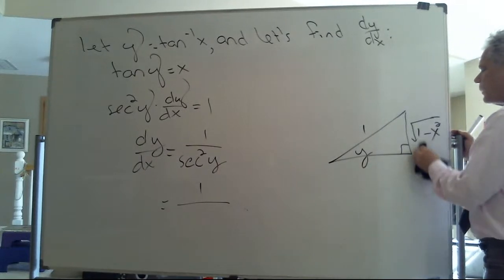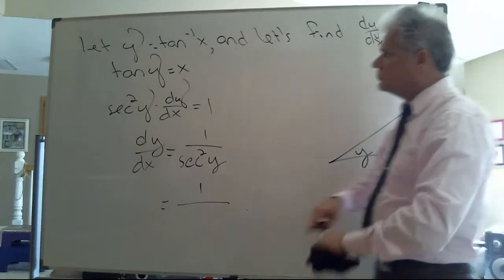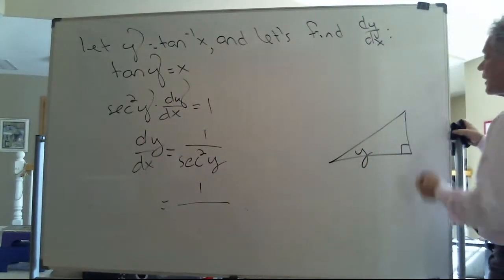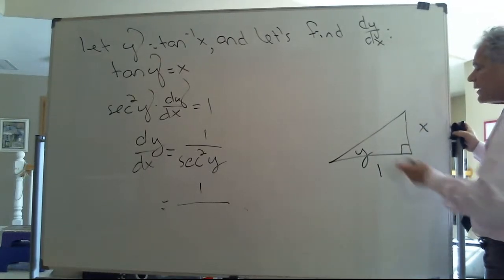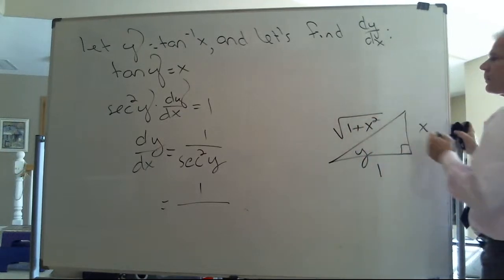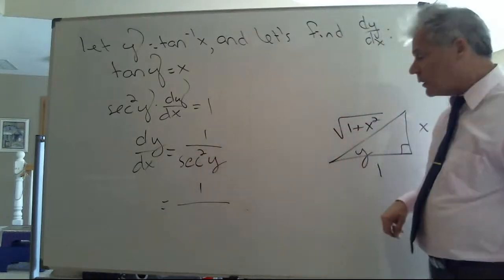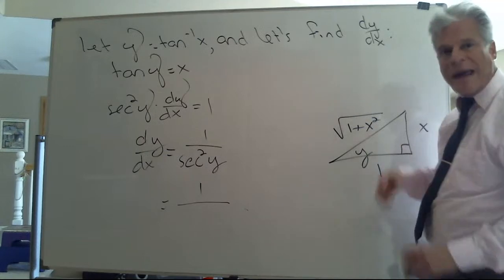Because if I were to embed y as an acute angle in a right triangle, to say that its tangent is x simply means the ratio of the opposite side to the adjacent side is x to 1. Meaning the hypotenuse has this length. That being the case, let's slip in for this denominator the secant squared of y. But the secant of y is just hypotenuse over adjacent. It's just a radical expression.